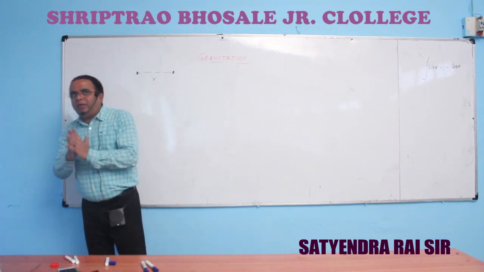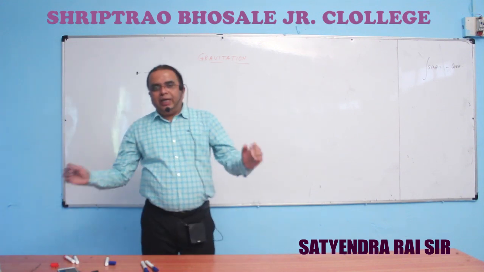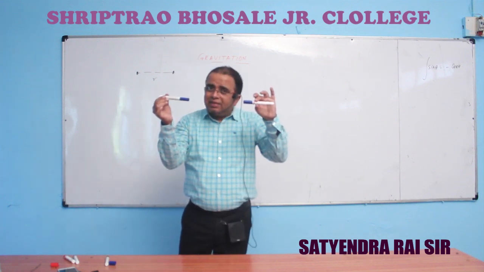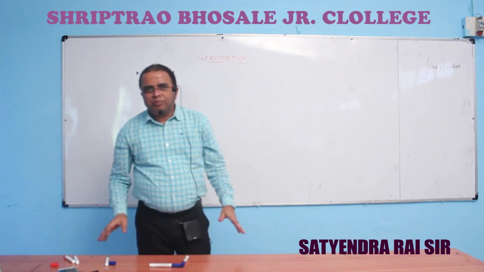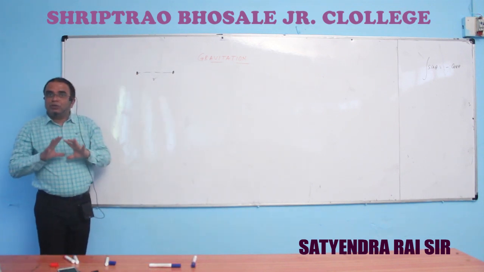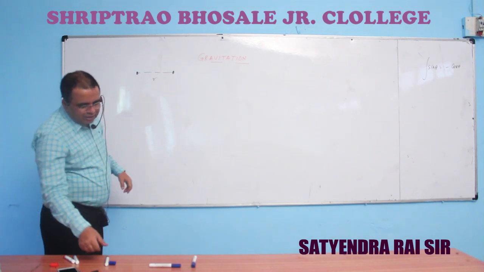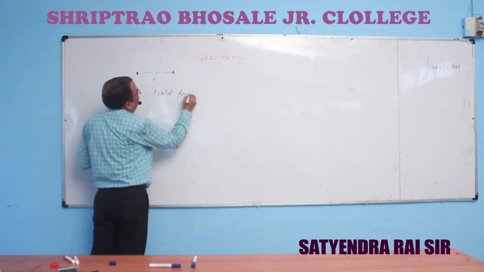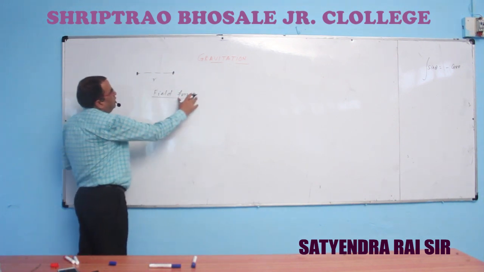The bodies need not be in close contact with each other. They can attract each other even from a distance. That means this force is not a contact force. Since it is not a contact force, it is a field force. The gravitational force is a field force.